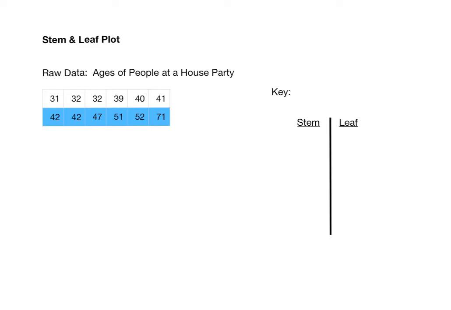We want to make a stem and leaf plot to represent the people at this party and their ages in particular. With the stem and leaf plot, the leaf part of the number is almost always the first digit to the right. This is what we call the leaf.